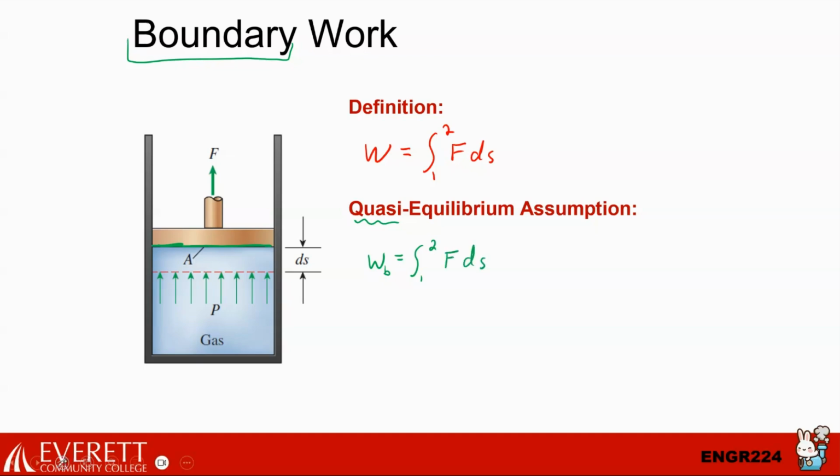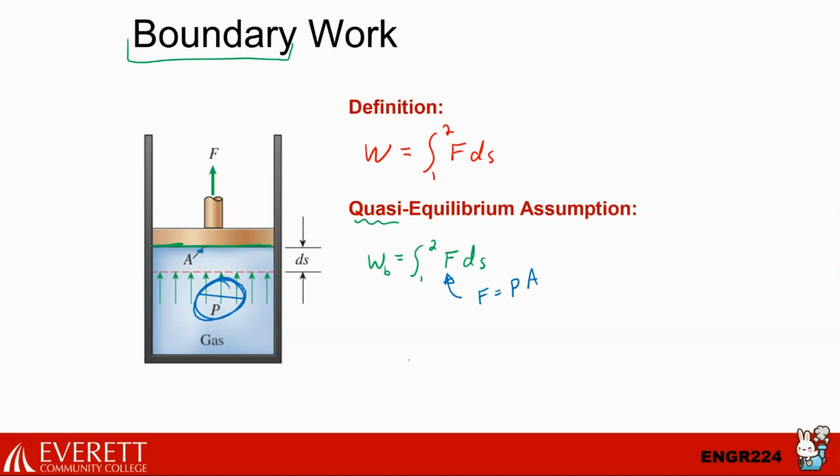So what are our different components here? What's really doing the pushing there? What's doing the pushing is the pressure. Our force term really is pressure as it acts over the area of the piston, which is the cross-sectional area of that piston.